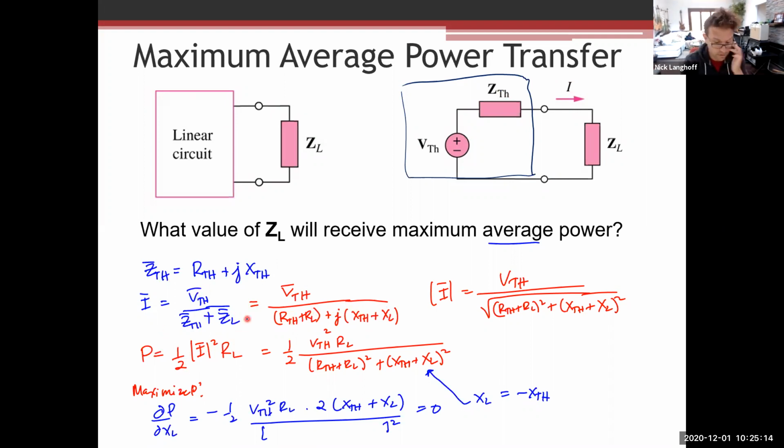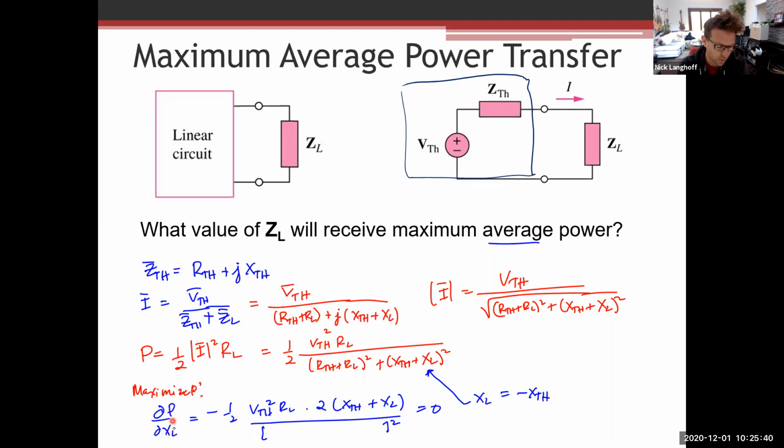Okay, now if we want to look at the power, that's going to be 1/2 I squared times RL. So if we take this whole thing and we plug that in for I, we get a V Thevenin squared down here. We get these terms squared down here in the denominator. And then essentially what you're going to do if you want to find out how to maximize this, simply just take the derivative with respect to one thing.